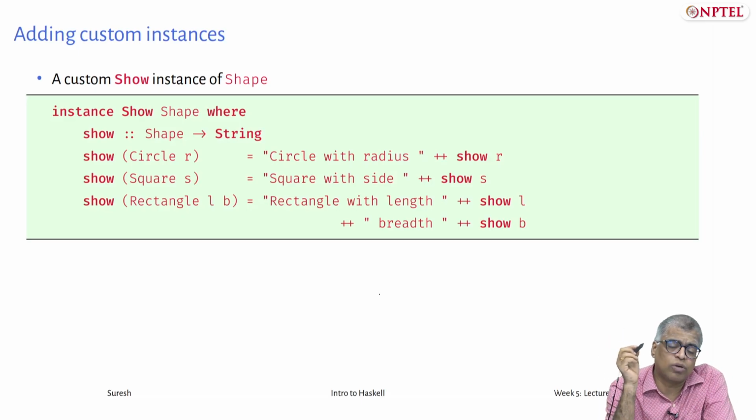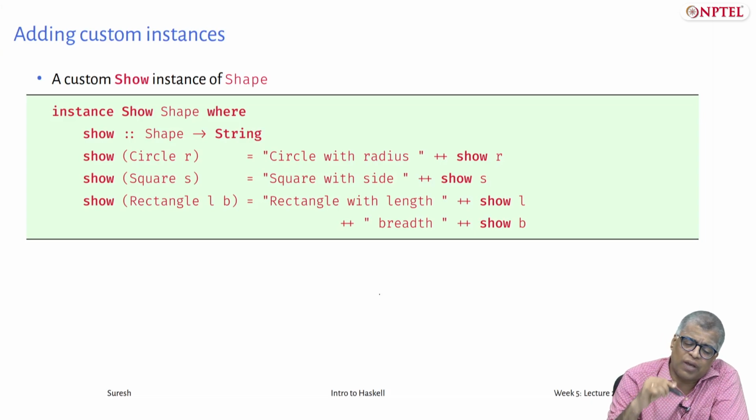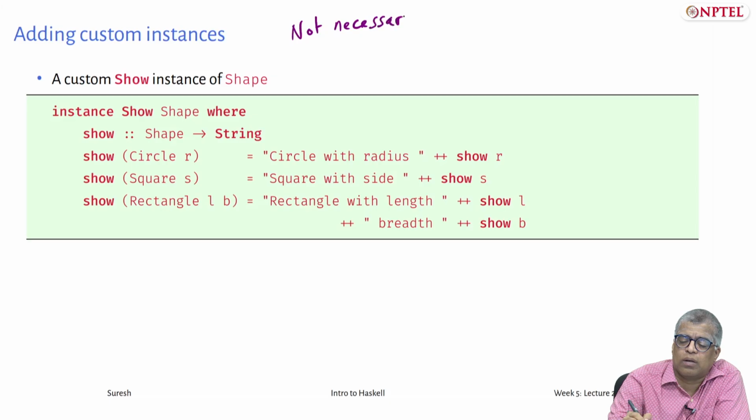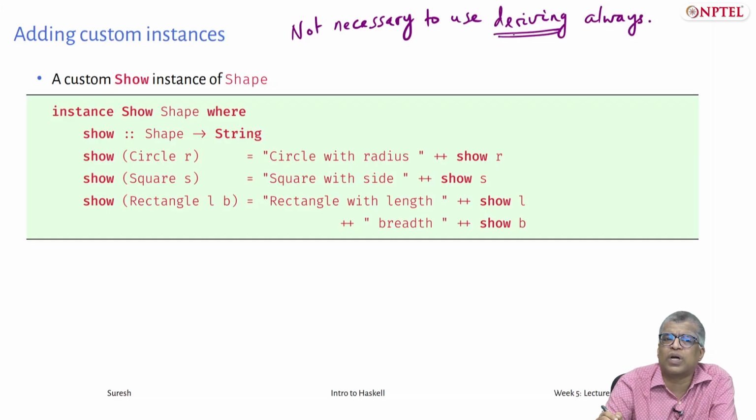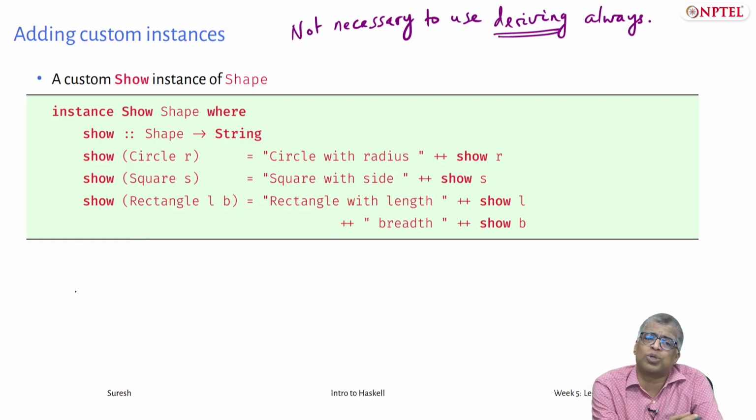Now I could also, for instance, create my own implementation. It is not necessary that you should always say deriving. Deriving means that you are using a default implementation, but I could use my own. I could, for instance, define my own show method.